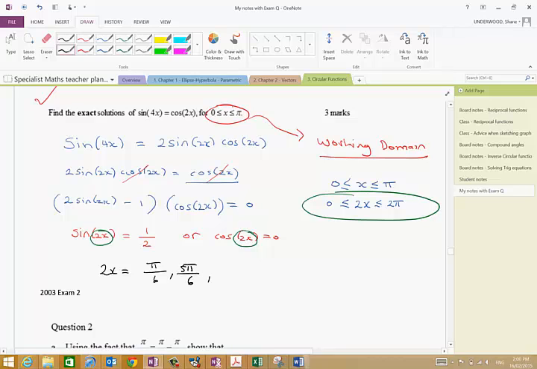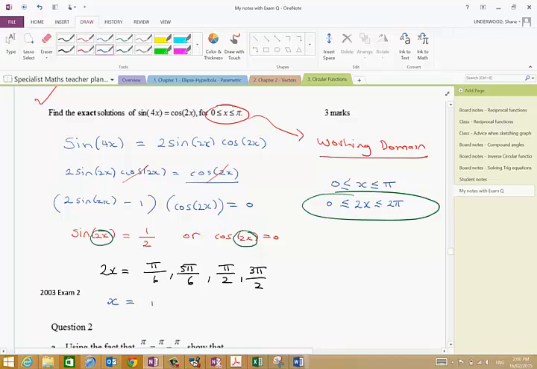And cos of 2x is equal to 0 when 2x is equal to pi on 2 and 3 pi on 2. So therefore, my answer then is dividing everything by 2. So I'm going to divide both sides by 2, which is going to give me x is equal to, and I'm going to put it in order as well, pi on 12, 5 pi on 12, pi on 4.